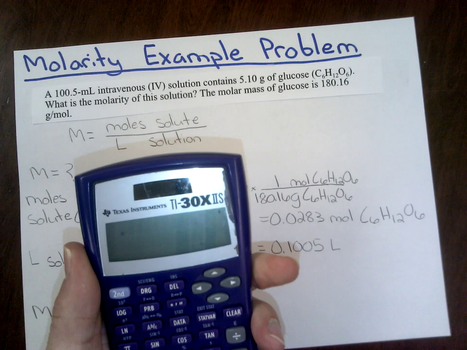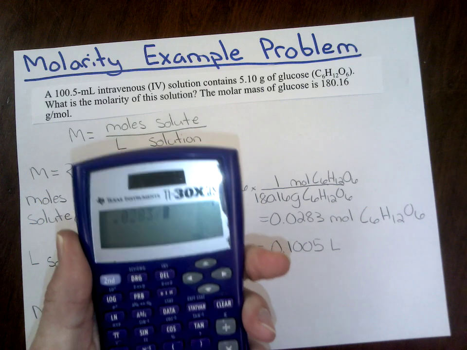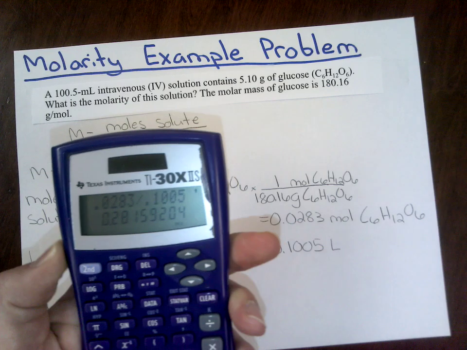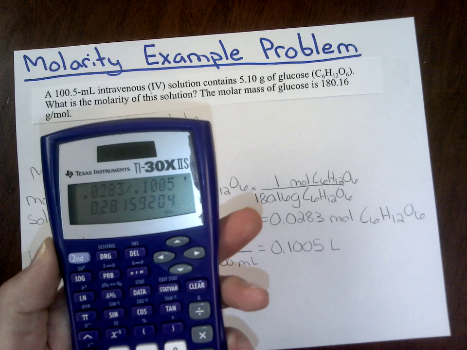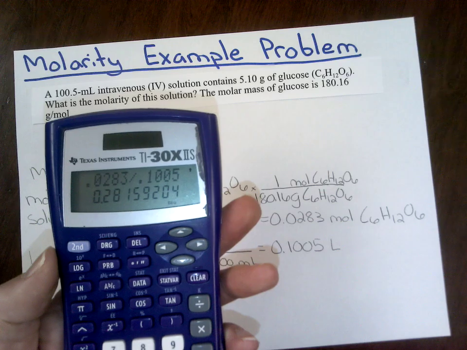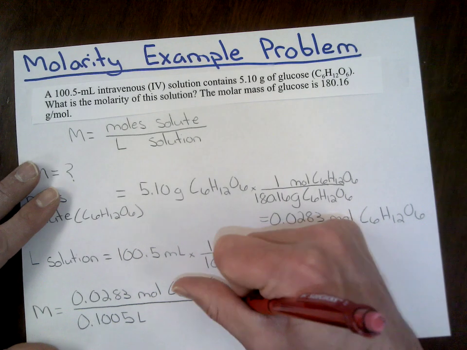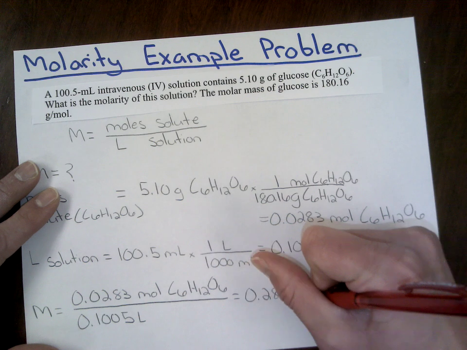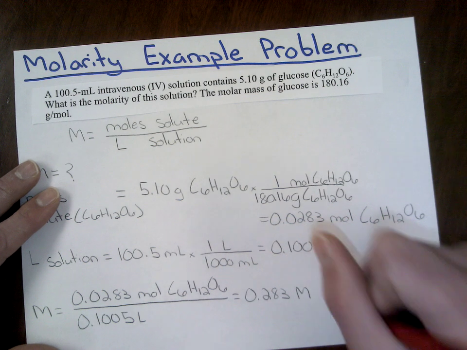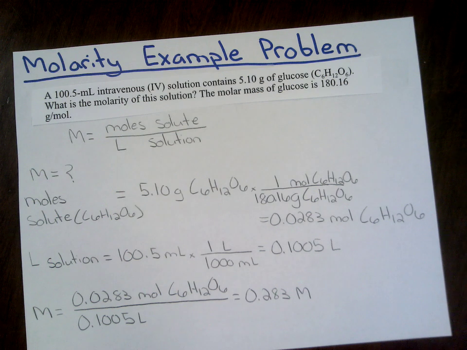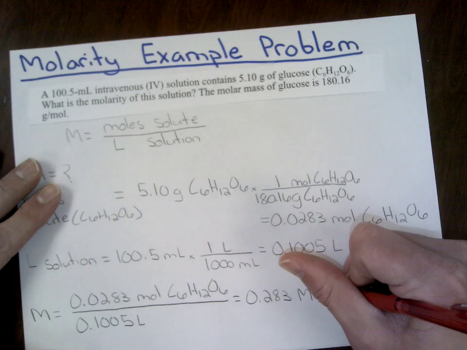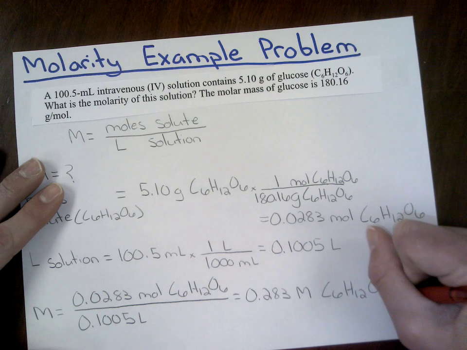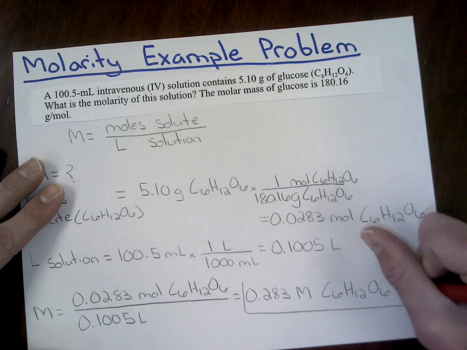We take 0.0283 divided by 0.1005, and we press enter. Now, rounding to 3 significant digits, we are going to get 0.283. So this would become 0.283, and it is big M, to be read as molarity, and then you need to put that solute. So that solute, or that substance there, is C6H12O6, and that would become our answer.